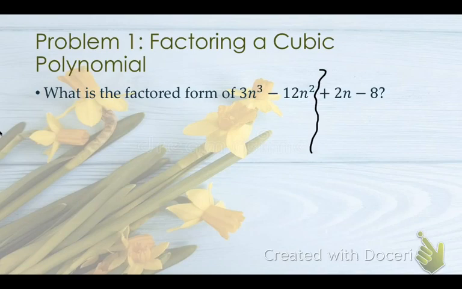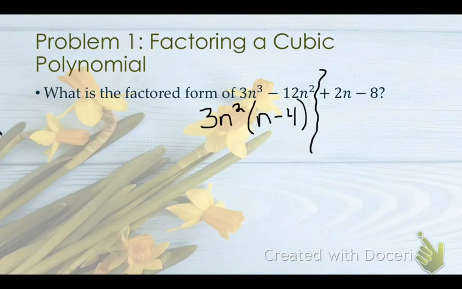When I look at the first half, 3n cubed minus 12n squared, I know that I can factor a 3 out of both terms, and I also see that they both have an n, and actually at least n squared, so I can factor that out as well. For this first one, I can factor out a 3n squared, and then my first binomial will have an n by itself and a minus 4.